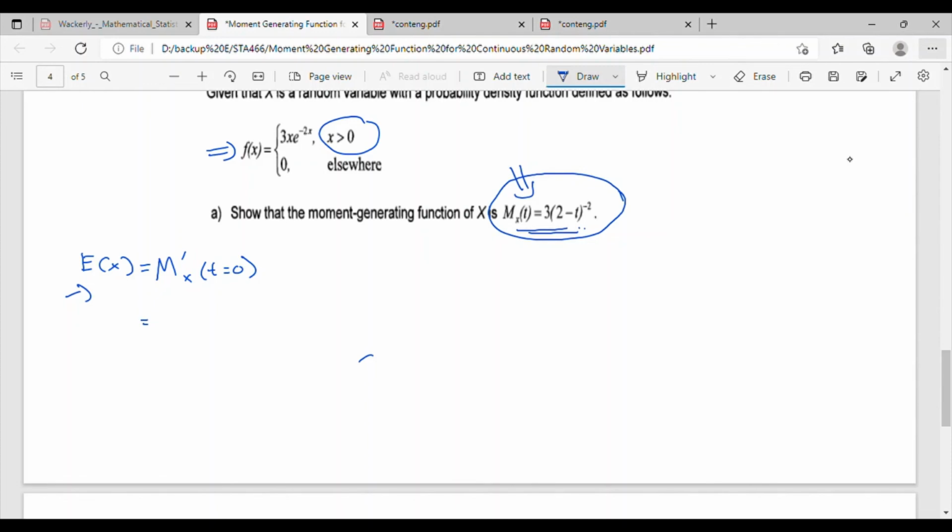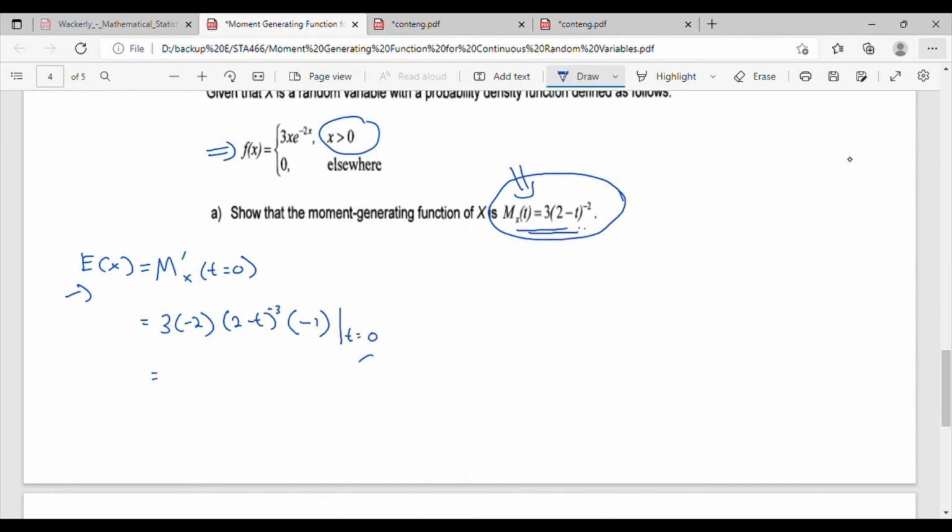So what happens here? 3. The index has to be multiplied in front, and then copy back that part. The index when differentiated will be negative 3. Then multiply by the derivative of the function 2 minus t, which gives negative 1. Differentiate with respect to t, then replace t with 0.